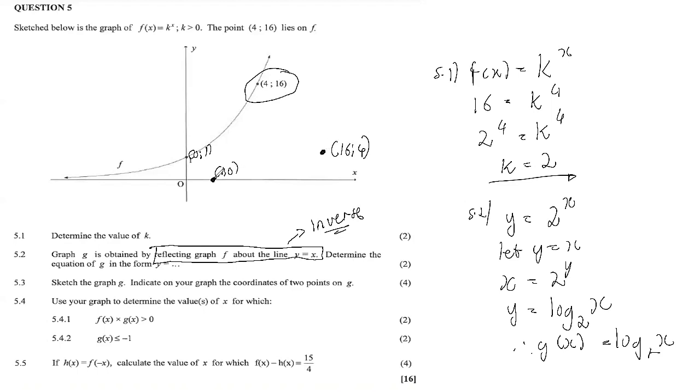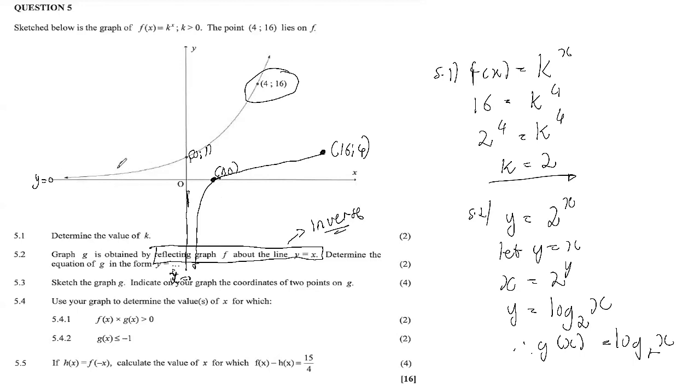Now all you have to do is join these 2 points to make your log graph. And note now, the asymptote will be the line x is equal to 0. So this will be your asymptote now, contrary to the asymptote here, which was y is equal to 0.